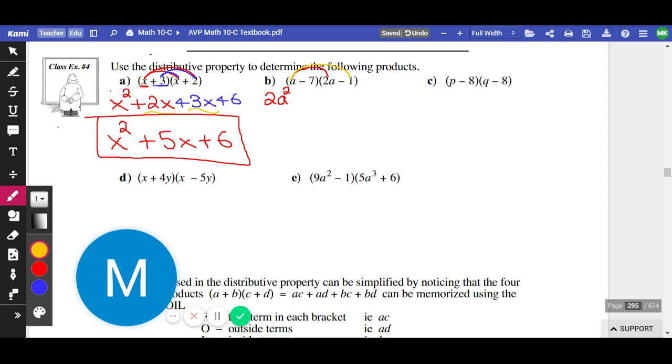A times -1 is -1a. I've now taken the first term and distributed it to everything in the second bracket. I move on to the next term, which is a -7, and I start distributing it into the brackets on the other side. -7 times 2a is -14a.